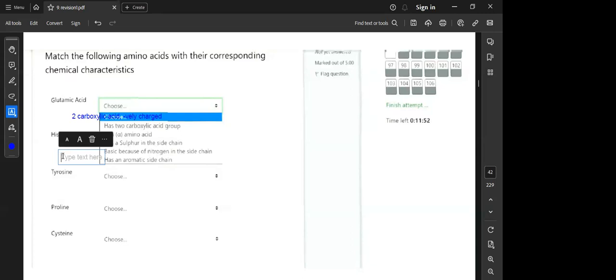Cysteine, sindo? Glutamic acid iko na carboxylic acid because it's an acid. Tyrosine has the aromatic ring. Basic ni histidine.